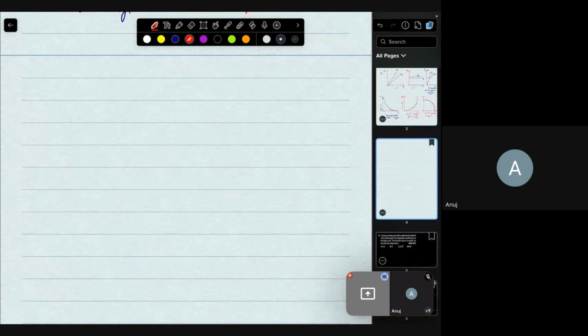And in case of velocity time graph, there are basically 4 simple graphs.